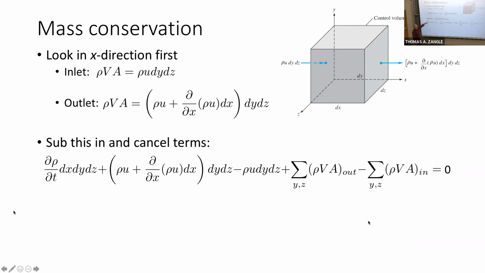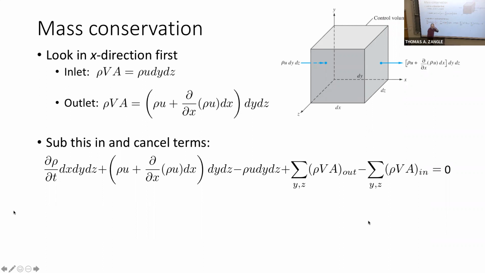So this was what the integral within the control volume of the rate of change in time resolved to. This is our outflow in x. This is our inflow in x. Sorry, we have rho u dy dz minus rho u dy dz.